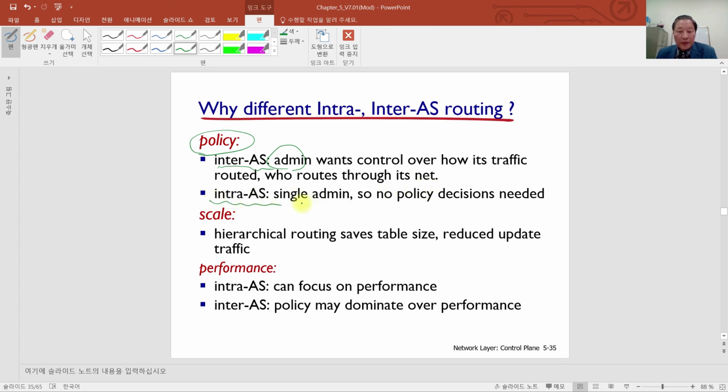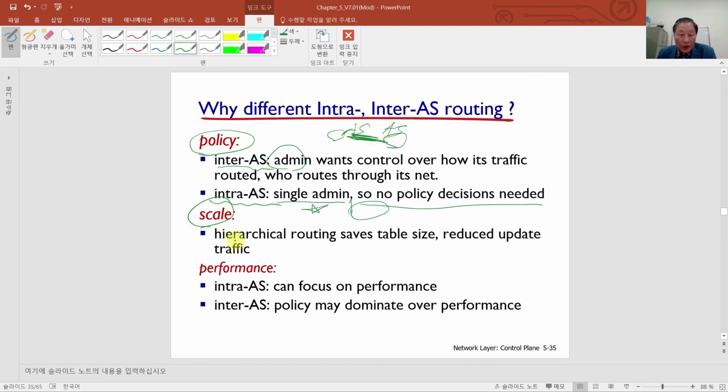For intra-AS, there is a single administrator, so no policy decisions are needed. For simplicity, one rule is applied, which may be simpler than considering many policies internally. Thus, policy is important between different autonomous systems, or different internet service providers.